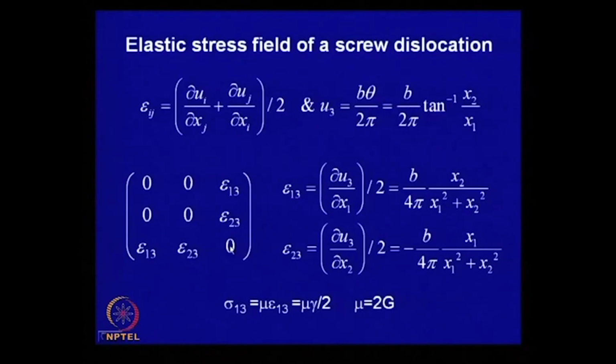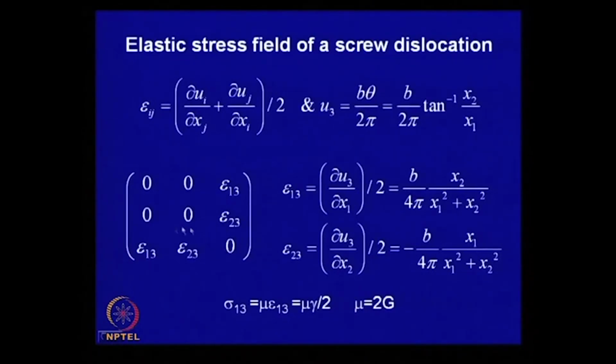This is because there is no displacement, u1 is non-existing, u2 is also non-existing, and because of volume constancy, if there is no tensile strain along this axis, obviously there will not be any tensile deformation along the z axis as well.